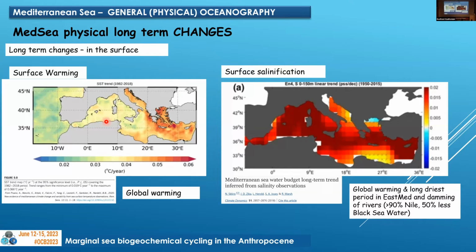So long-term changes are occurring. You can see here how the Mediterranean surface is warming and also getting more salty, especially in the eastern part, because here you also need to take into account not only the evaporation, but the damming of the Nile and the reduction of the inputs from the Black Sea that also have an impact on the biogeochemistry.